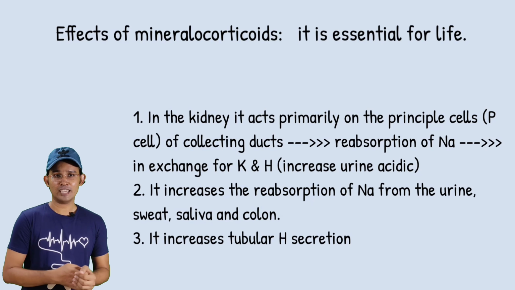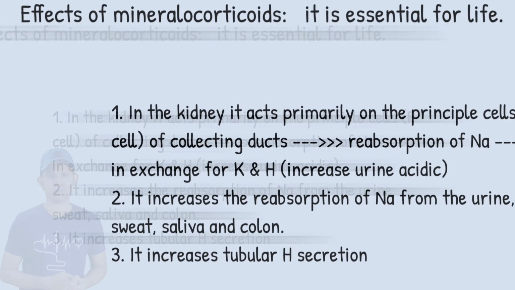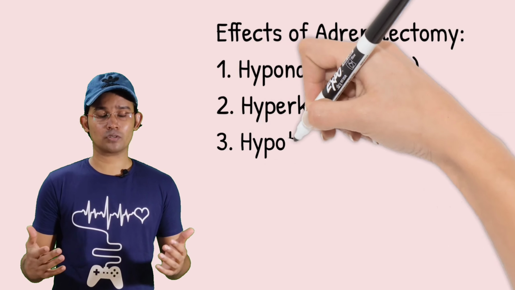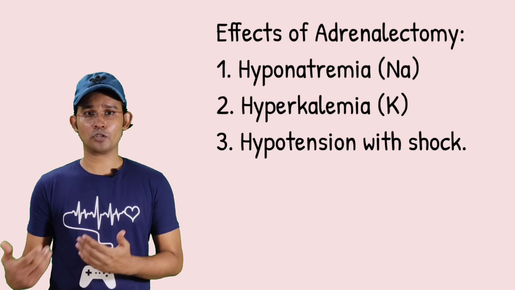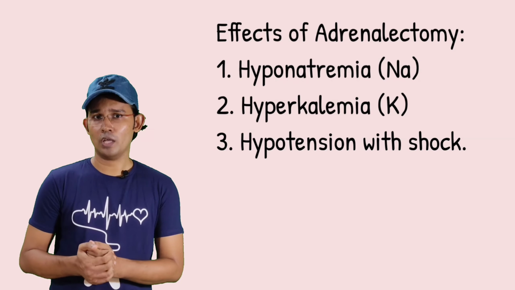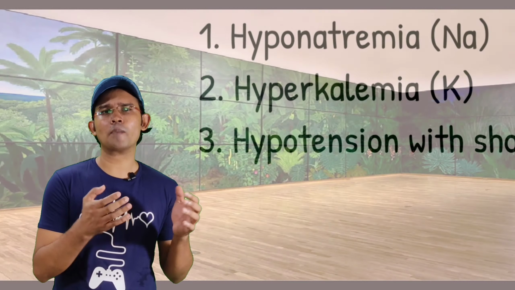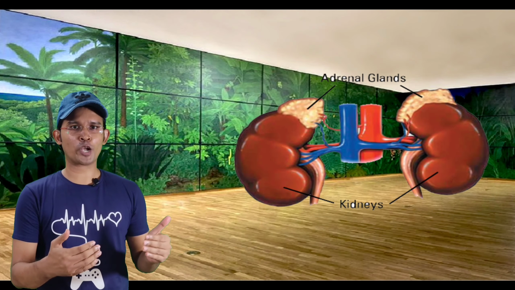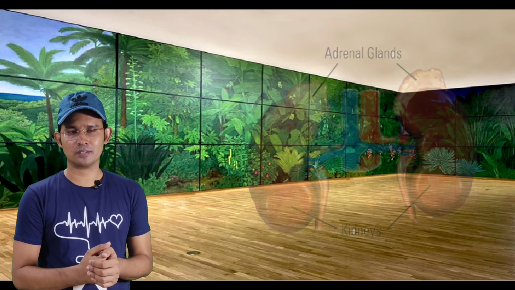Number 3, it increases tubular hydrogen secretion. Now the effects of adrenalectomy: if we remove the adrenal gland from the body, that leads to hyponatremia, hyperkalemia, hypertension and shock.